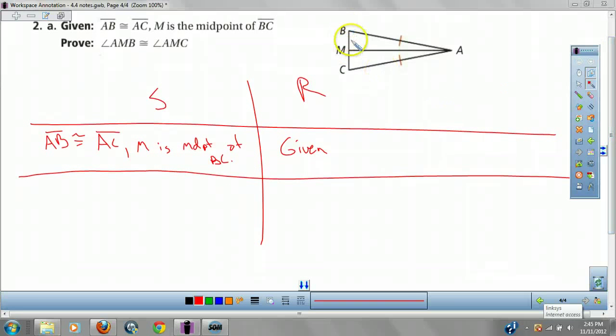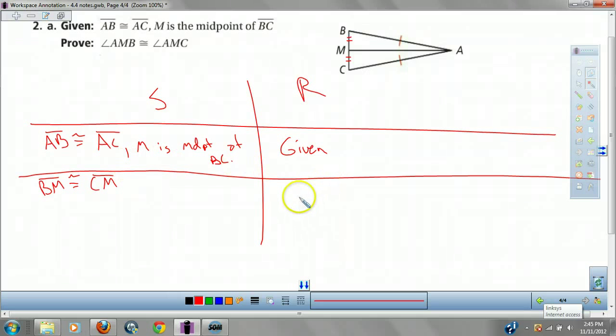We have to use some of this information. What does it mean to be a midpoint? Doesn't it mean that these two pieces will be congruent? Why, yes it does. I'm going to say BM is congruent to CM. M has to be second on both. By definition of midpoint.